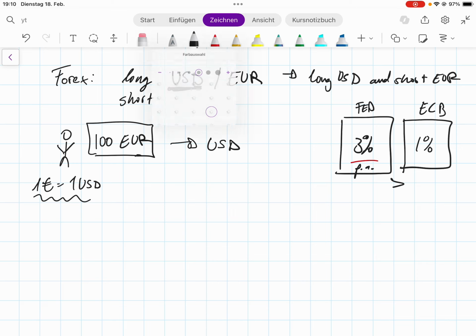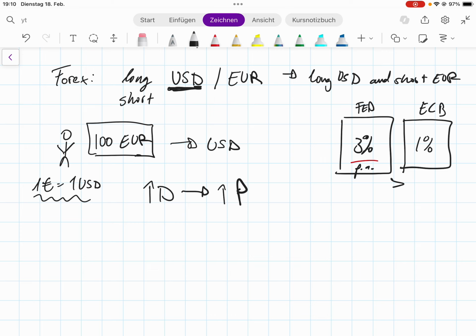What happens though? If you want to buy something, that means you have a demand. So let's say demand goes up because the Fed has a higher interest rate than the ECB. And this, if you remember in microeconomics, implies that if demand goes up for something, price goes up.